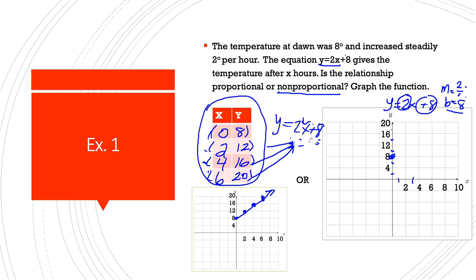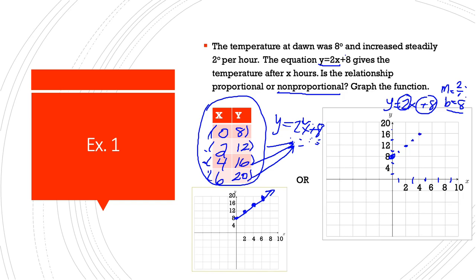So that means the 1, 3, 5, 7, and 9 are halfway in between. Okay, so if I started at 8 and I went up 2 and over 1, that's going to put me here. Up 2 over 1, up 2 over 1, up 2 over 1.